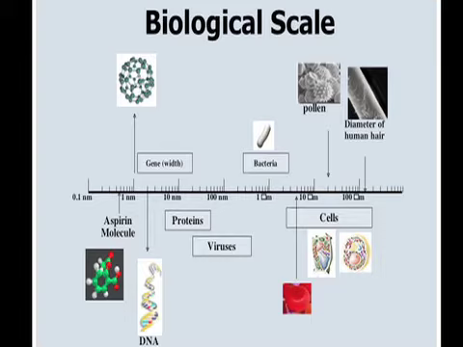Bacteria, proteins, we can go to DNA, that is a few nanometers, and around a few nanometers we also have the famous nanoparticles that everybody's talking about. And basically they are 1,000 times smaller than a bacteria. So they're very small. And we need special tools to observe them.